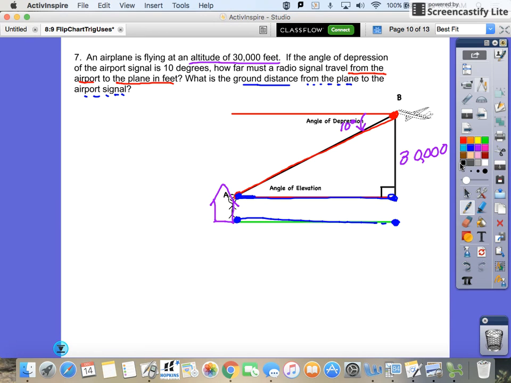So if we redraw this triangle, we are looking for this distance, and what we know is this is 30,000. Now, what's confusing for students is that they think they don't know any angles. Well, here's the interesting thing. If the pilot has to depress his head 10 degrees to see this person, they would have to raise their head 10 degrees to see him.